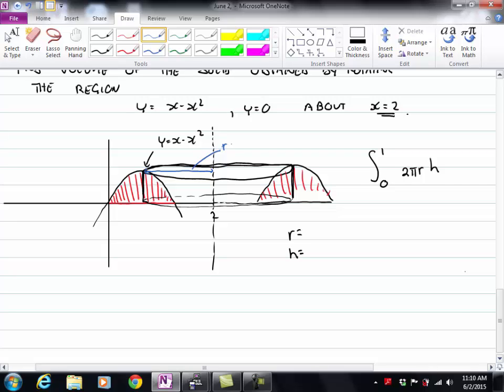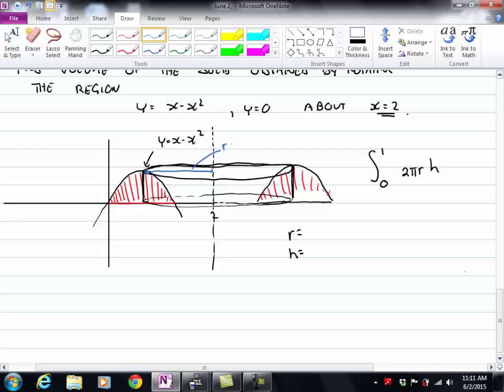So from here to here is 2, agreed? Here to here, we call that just x. So therefore, this is just 2 minus x. If you're lost on why it's 2 minus x, from the center to here is 2, 0 to 2. And then here to here is x. At this point, it's just x comma y.